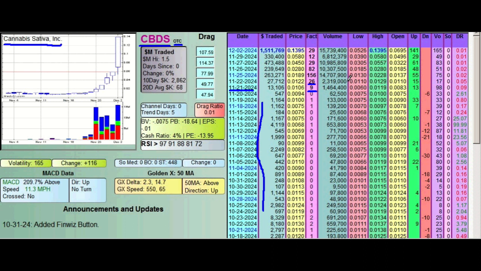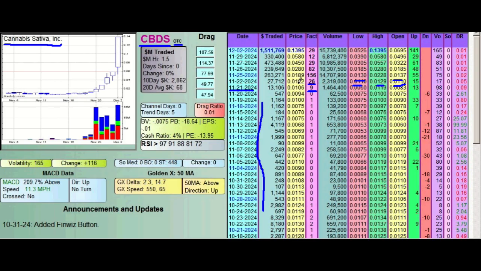So here's your entry, right around 0.0129 was the intraday high, so opened at 110, had a low of 110. This is a good entry right here. And if you waited, you could have got in at 0.130 or 137 in that area.